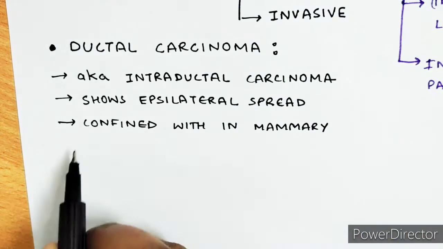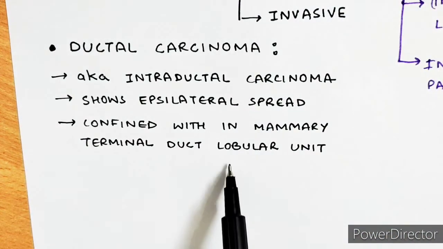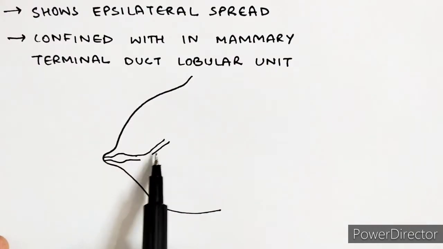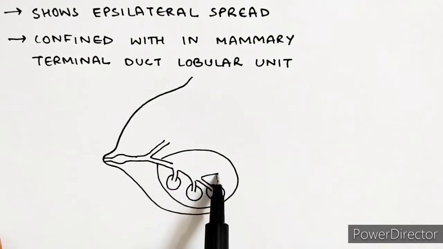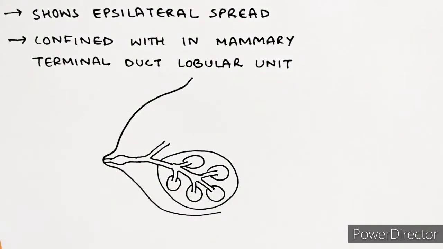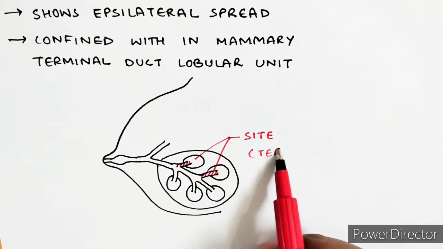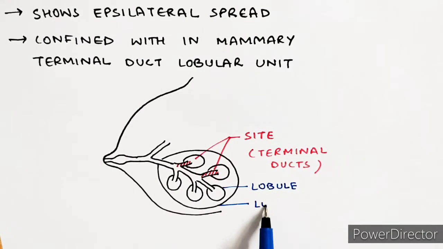The tumor is confined within the mammillary ducts. So the terminal ducts are the main site of lesion in case of ductal carcinoma.